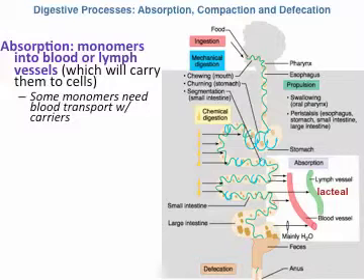And you can see that in the cartoon where it says absorption. Right underneath that, it shows a blood vessel. So amino acids and simple sugars are being absorbed from the GI tract into the capillaries, and then fat monomers are absorbed across the small intestine wall into a lymph vessel that's called a lacteal when it's in the small intestine.